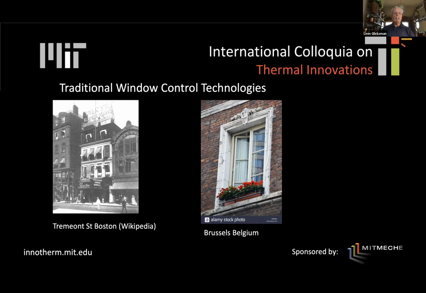So there are certainly trade-offs to be made there. And then finally, just the idea of operable windows and drapes or curtains, which form some modest amount of insulation, is about the extent of what people could do until probably the 20th century when they came up with double glazed windows.